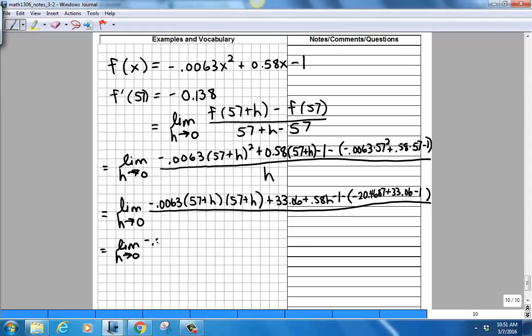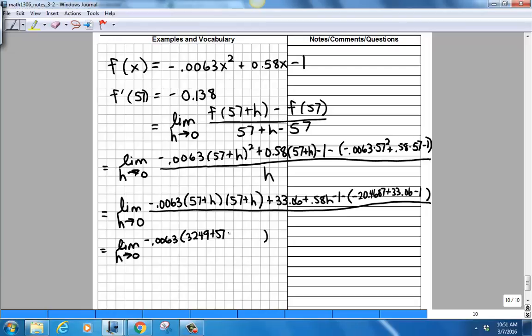Well, we have to get to that point, though, so let's go ahead now and try to multiply 57 plus h times 57 plus h, okay? All right, the only hard part there is 57 times 57. How much is 57 times 57? 3249, okay? And then you have 57 times h.